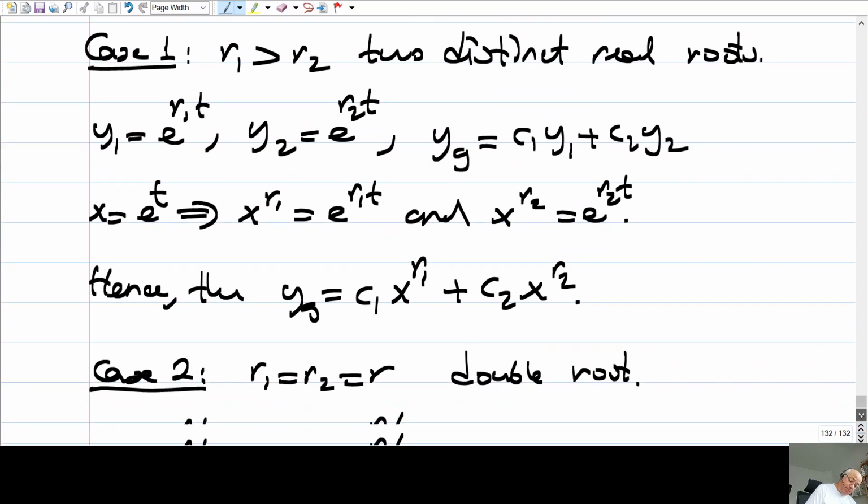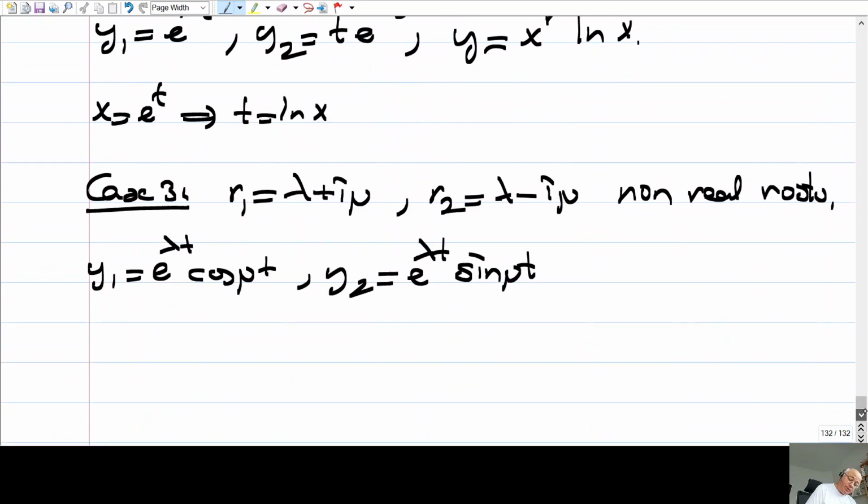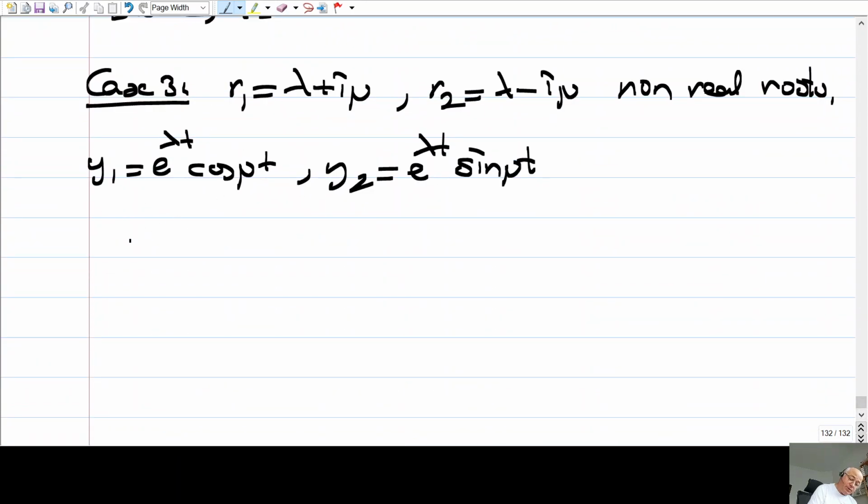And remember what t was? t was ln x. Therefore, e to the power lambda t is just x to the power lambda.